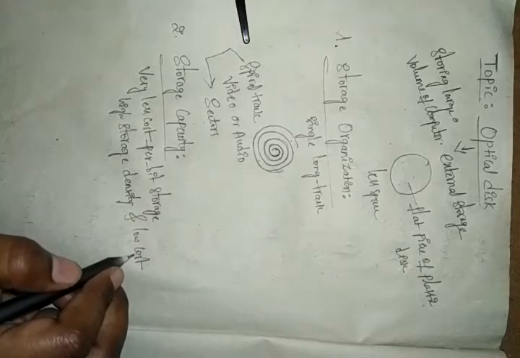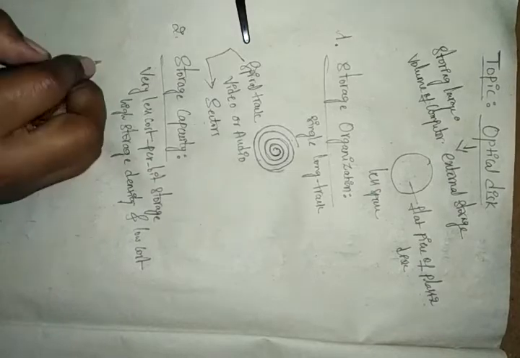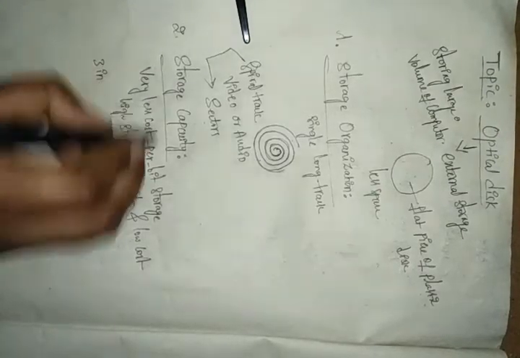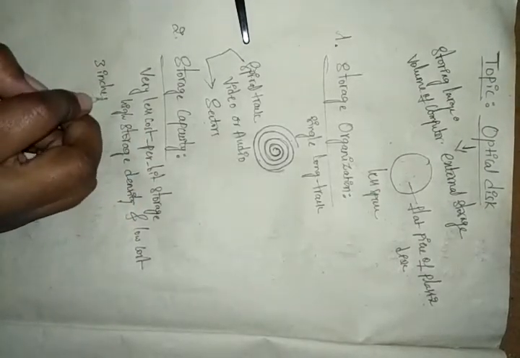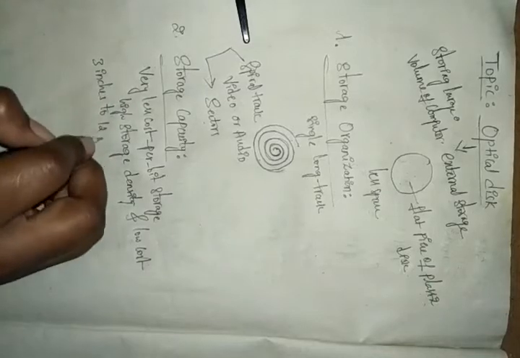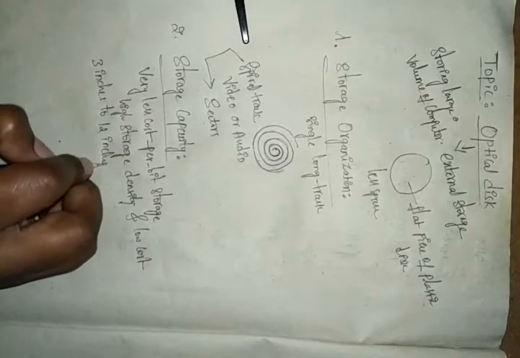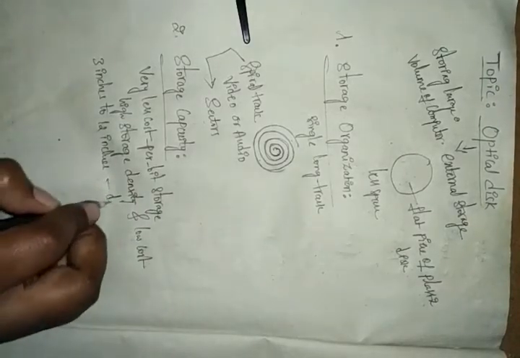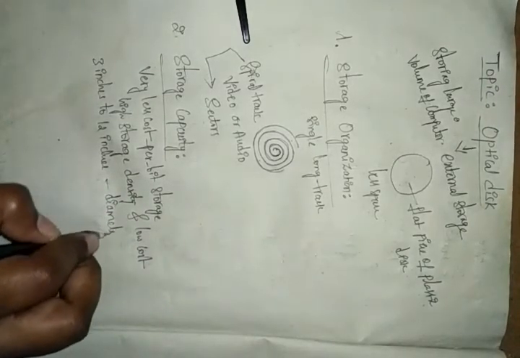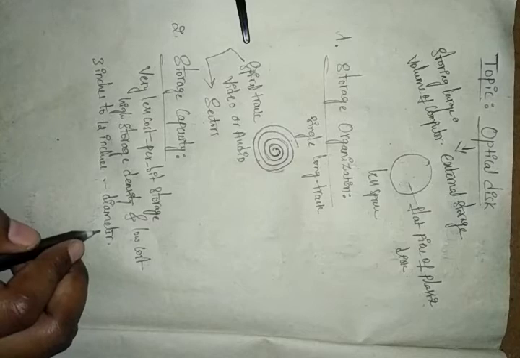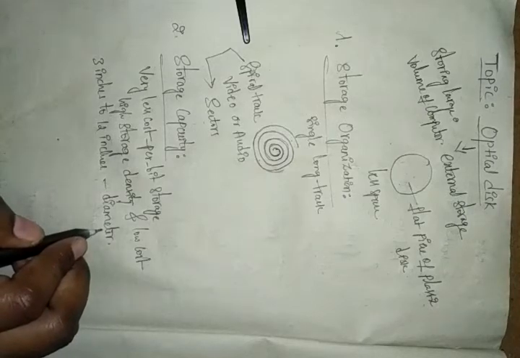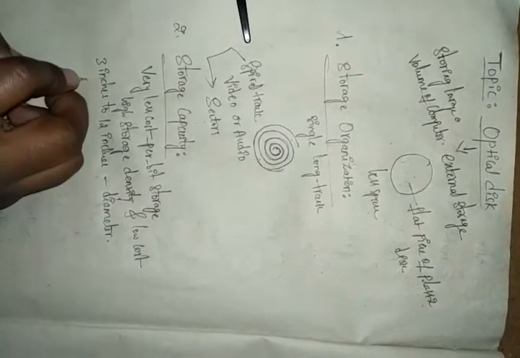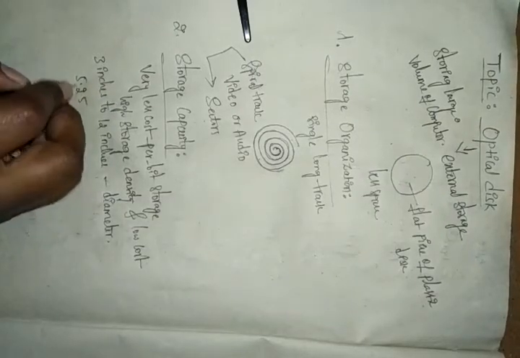And the optical disc ranges from 3 inches to 12 inches in diameter.